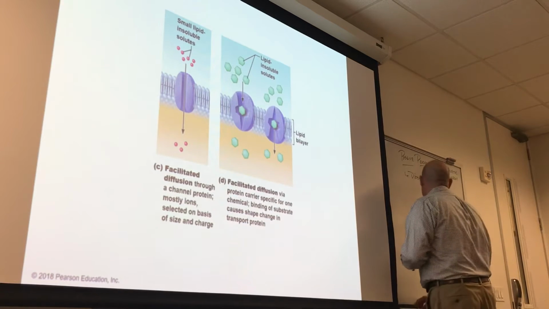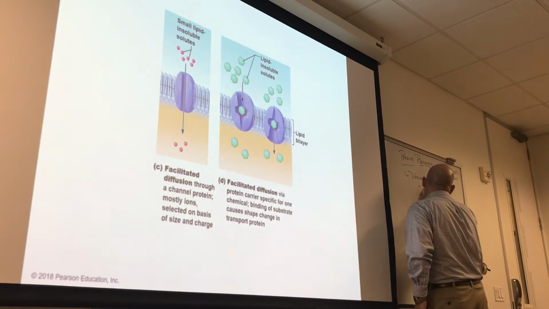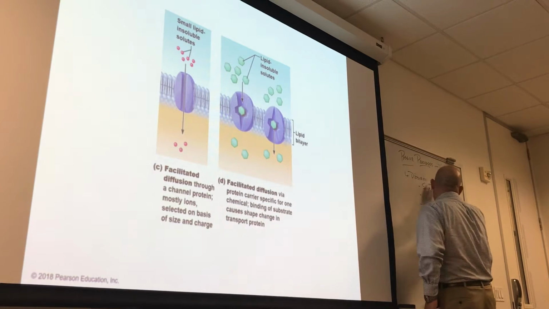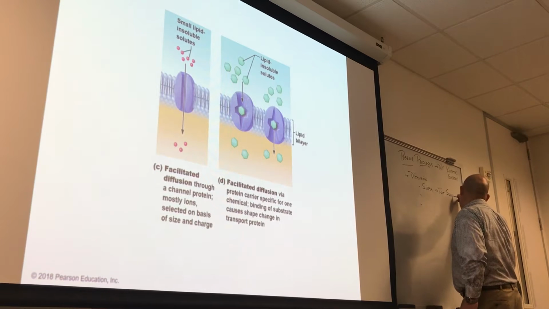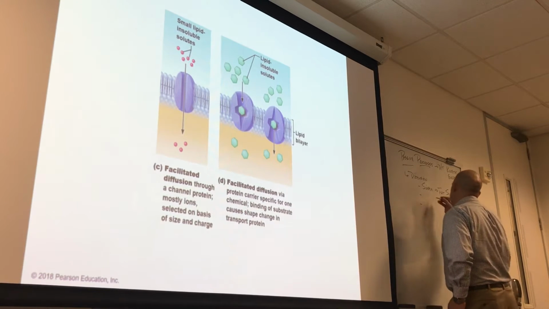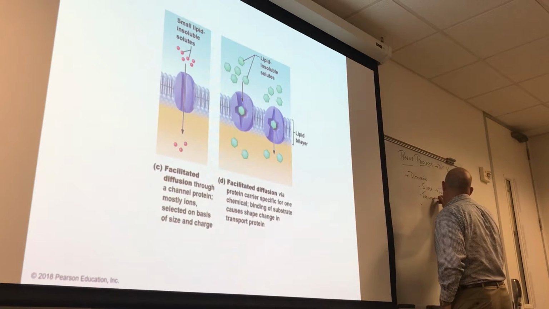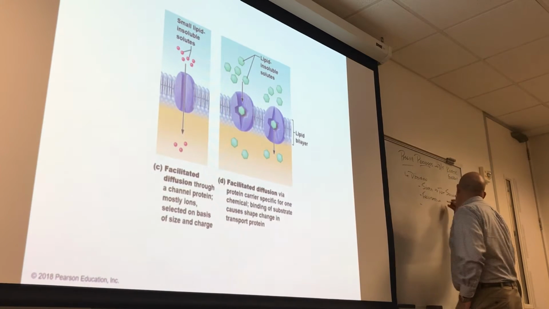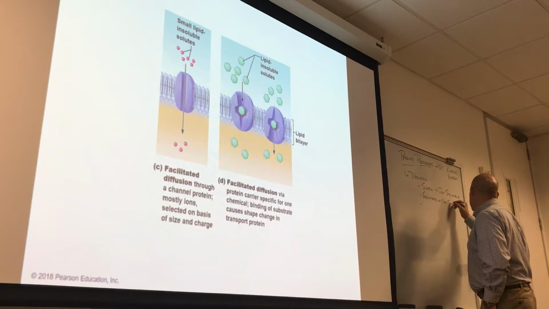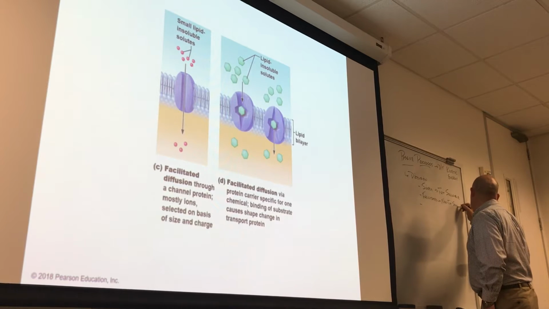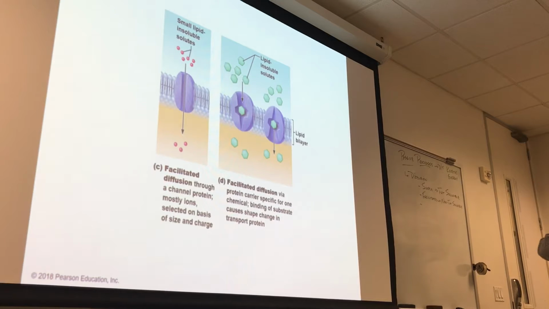So to kind of recap here, when we think about diffusion, there's three varieties. There's simple diffusion. This is when we're moving something that's fat soluble. There's facilitated diffusion. This is when we are moving non-fat soluble, ultimately using some sort of channel.